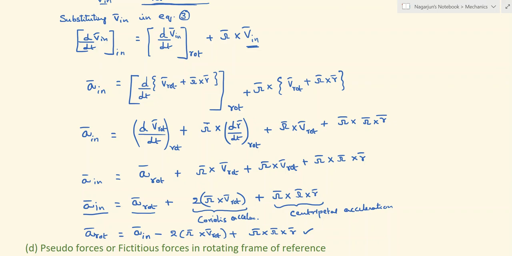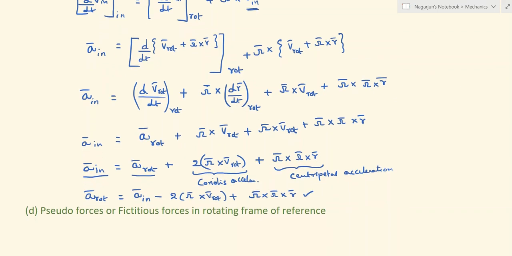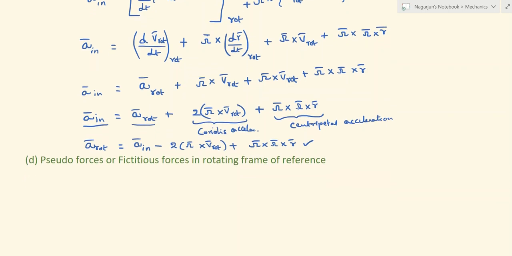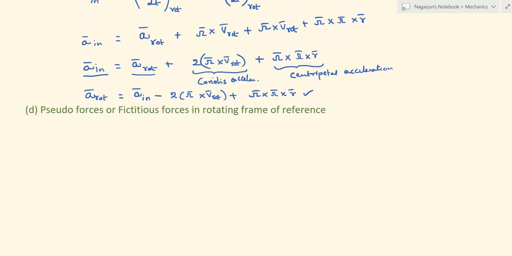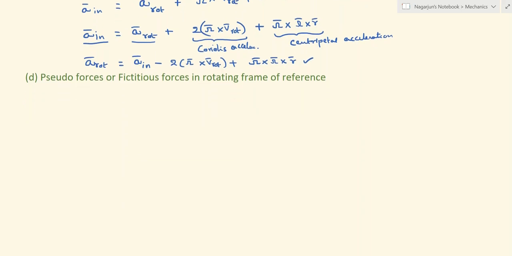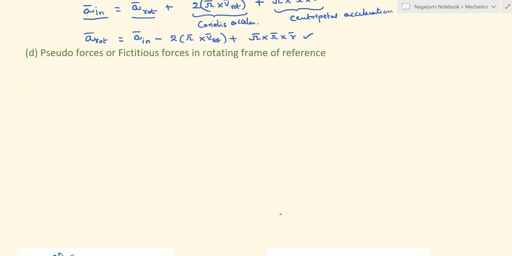So now you can express the force with respect to the rotating frame of reference with acceleration with respect to rotating frame in hand. So the force with respect to the rotating frame of reference is equal to mass into acceleration with respect to rotating frame.